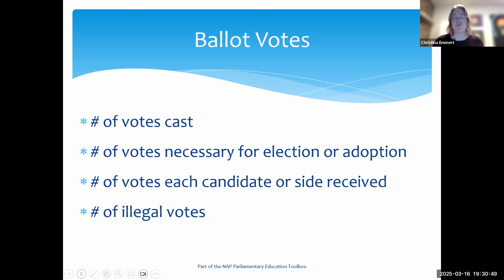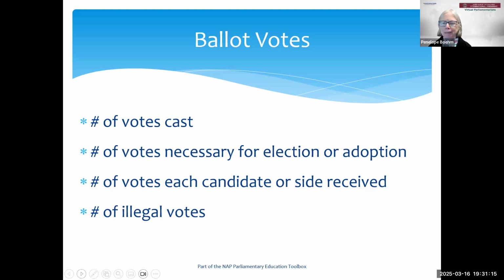Say 3 people cast a vote and 2 people voted for this person, he would be elected because it's based on the number of votes. So we do have to keep that in mind because sometimes people don't quite understand that. If your bylaws or your rules say it's based on a majority to elect, and it doesn't say a majority of the entire membership, we have to keep that in mind.